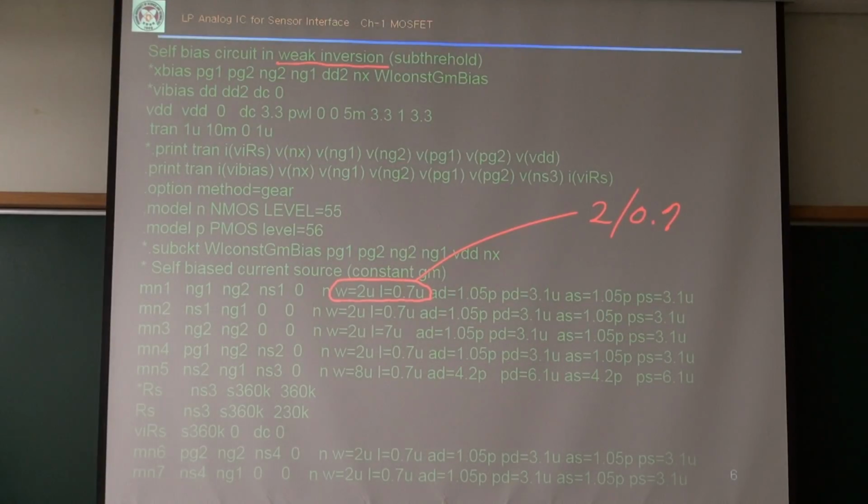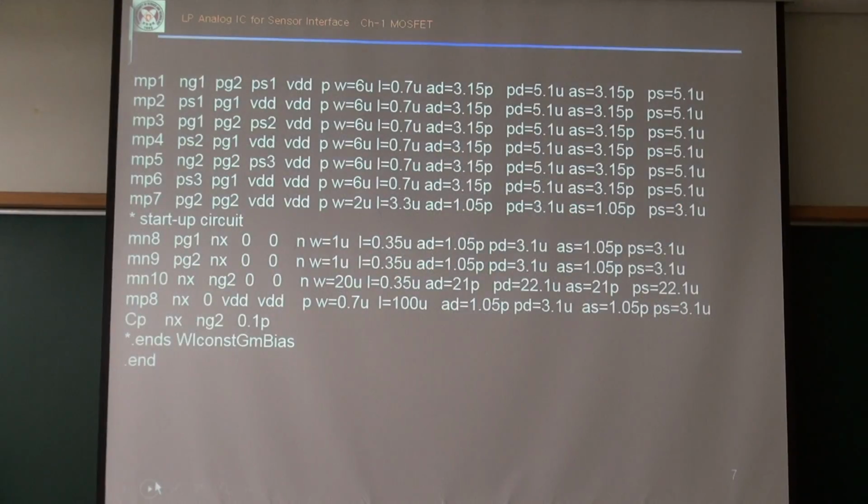So all NMOS transistors changed to 2 by 0.7, and there is 8 by 0.7. The resistance was reduced to 230K. Somehow it needed some adjustment. For the PMOS, all the sizes were changed to 6 by 0.7.